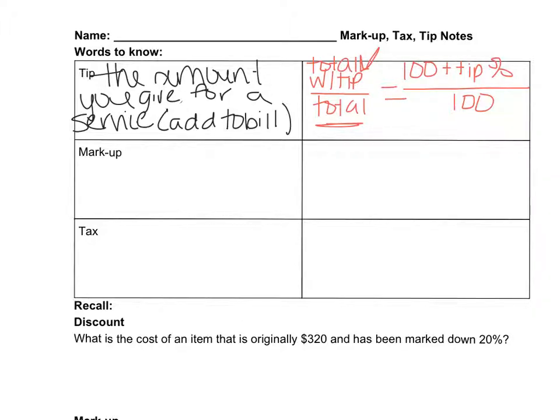All right, so markup is going to be similar. So markup is usually something that stores use. When you go to the store and you buy something, that's not what the store actually paid for the merchandise that you're buying. But the reason for that is the store has to pay to keep the lights on. They have to pay the employees and all of that. So that's why they charge you more for being able to go into the store and purchase the items.